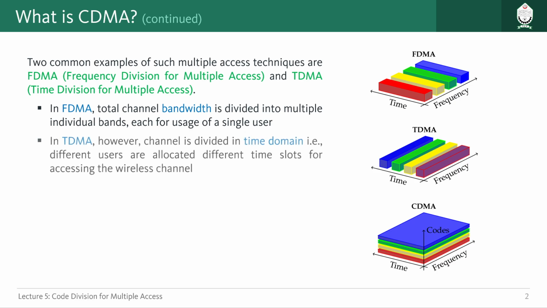Then in TDMA, we share the time we have available for our system, right? So we have a small time slot available for each user, so that the communication between different users does not cause any kind of interference to other users, right? So this is the basic idea of FDMA and TDMA.